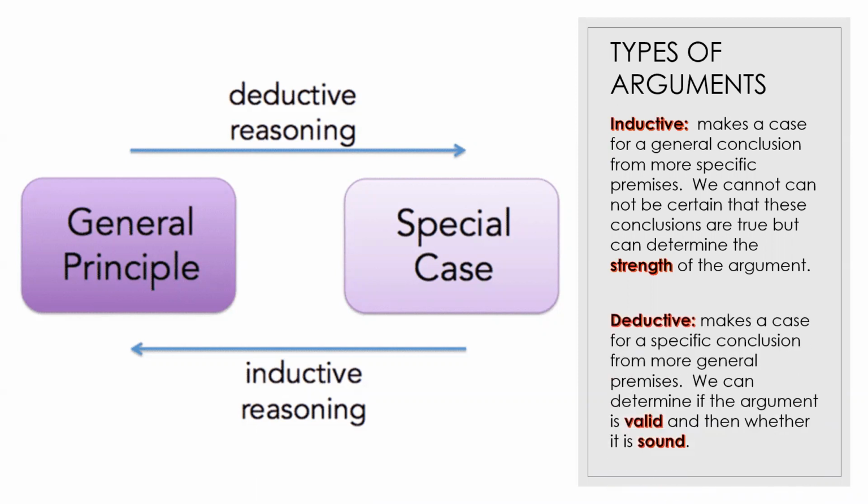Then deductive reasoning would be the other way around, when you make a case for a specific conclusion from a more general set of premises. When you use deductive reasoning, we can determine if the argument is valid in structure, and once it's valid, we can determine if it's sound.